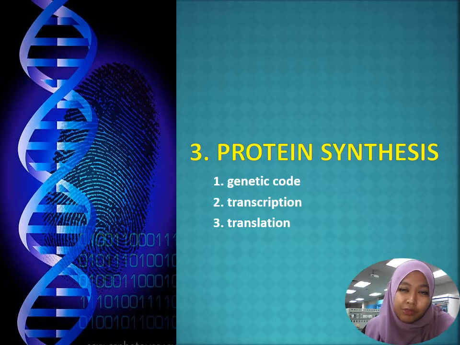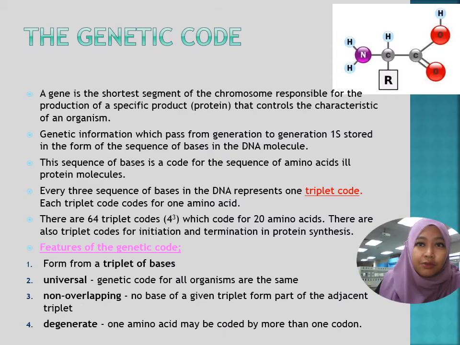Before we go to the protein synthesis, we must know about the genetic code. Genetic code is actually a language being used by our DNA to produce a specific protein. A gene is a shorter segment inside our chromosome that is responsible for the production of a specific protein.